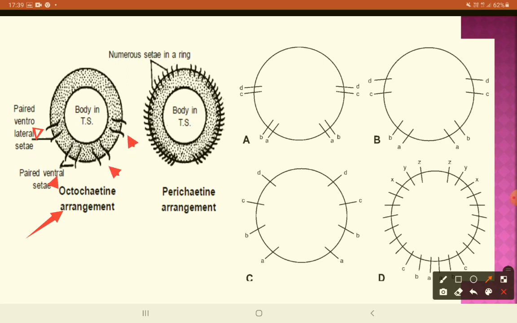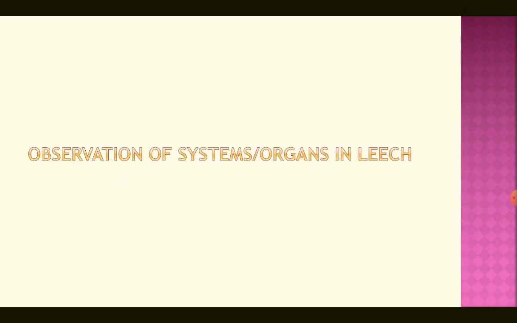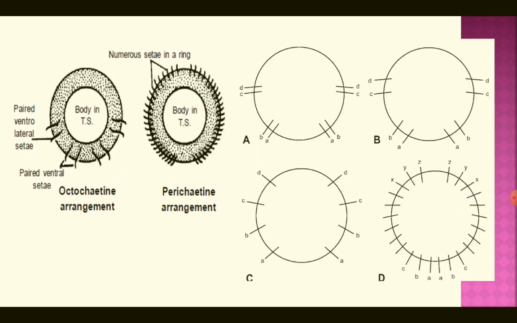Whereas in the periketine arrangement, the setae are arranged all over the body, or even scattered like this, or in pairs of 2. So this is with respect to the arrangement of setae.